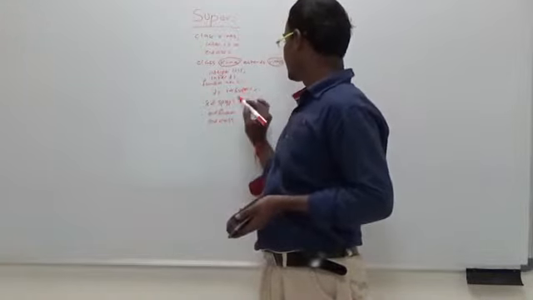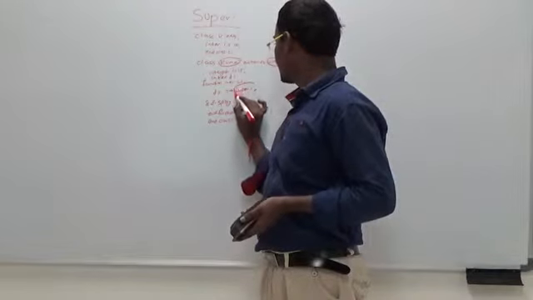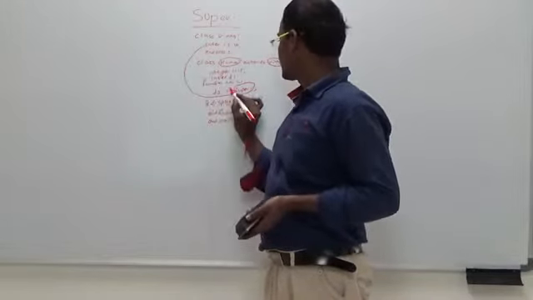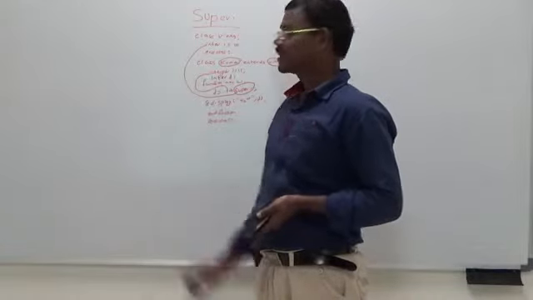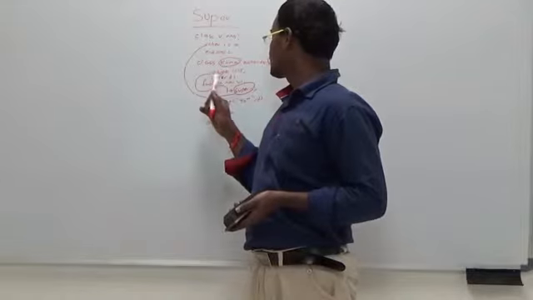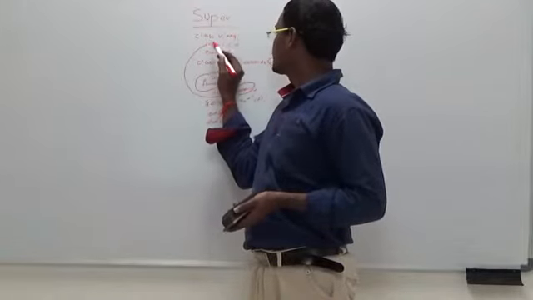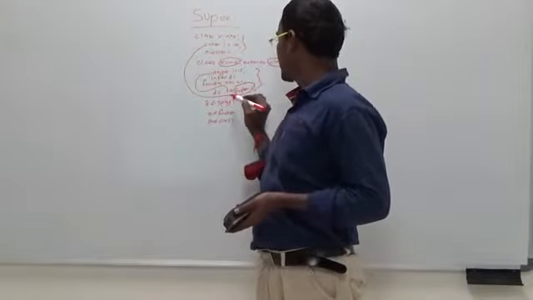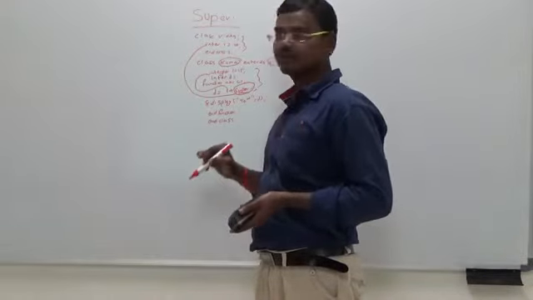Here super.i refers to this i, and this i refers to this i. So to distinguish the same property or methods of my parent class and my derived class, I use the keyword super.